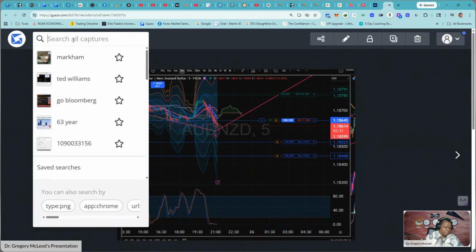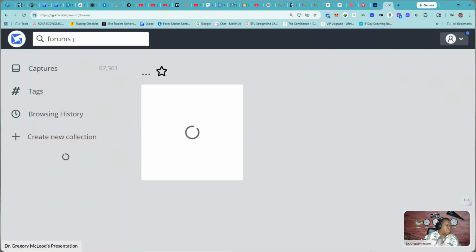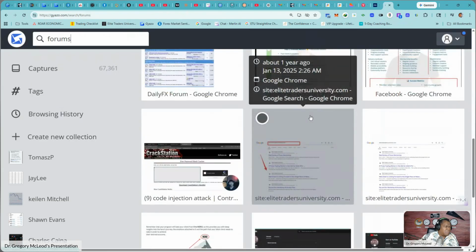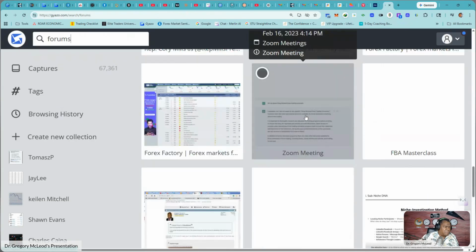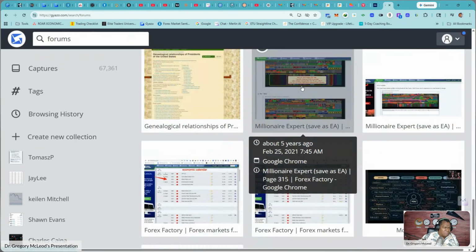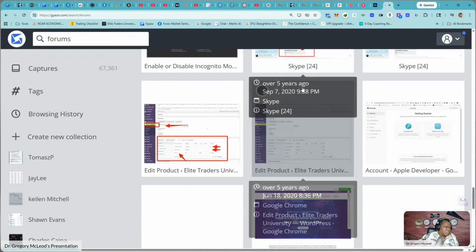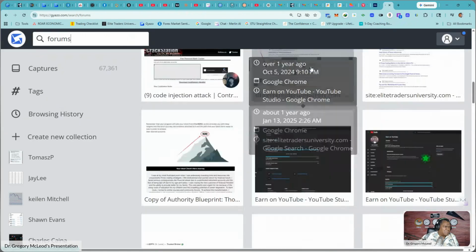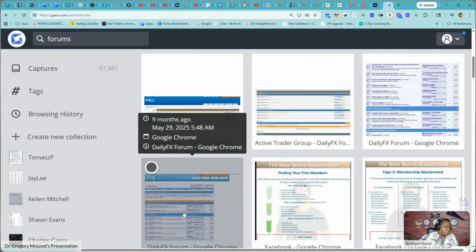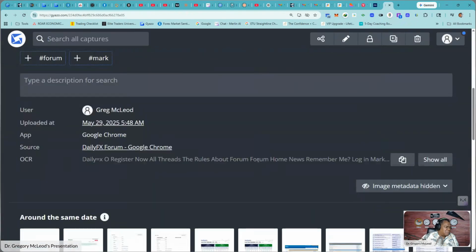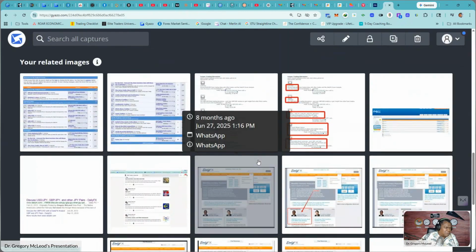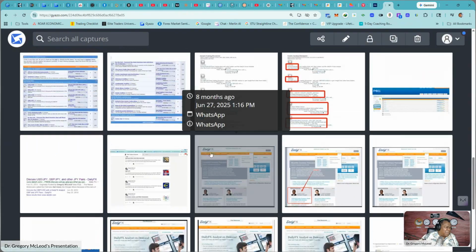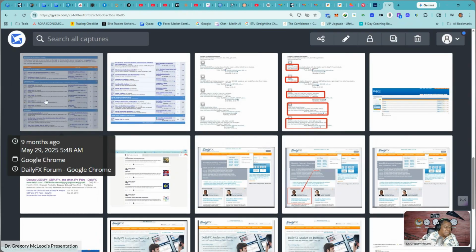Let's see, forums. I think I have. Forums. Oh, the DailyFX forums. That one usually takes me to our. So I was a forum moderator, and I had a system.